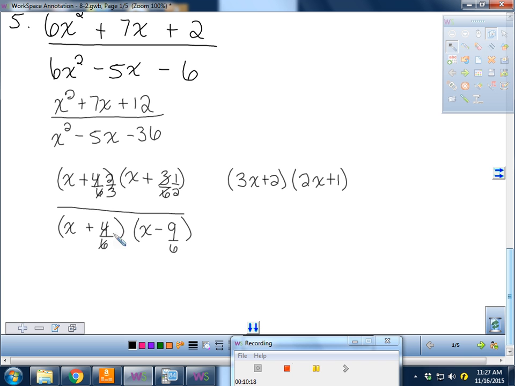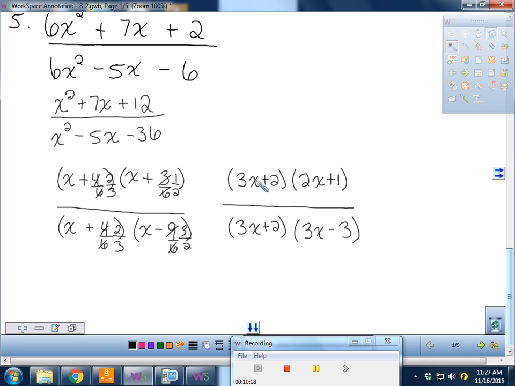4 over 6 will reduce to 2 over 3. The 3 will move to the front. 9 over 6 will reduce to 3 over 2. The 2 will move to the front. All right.